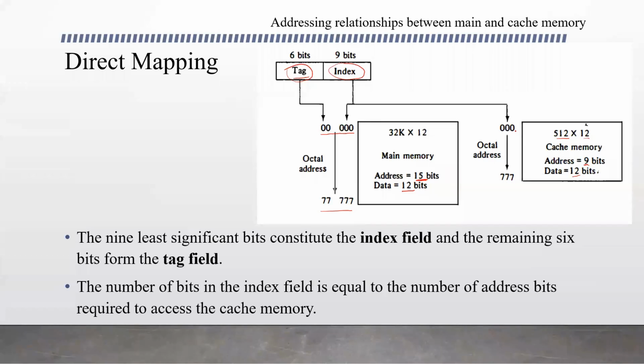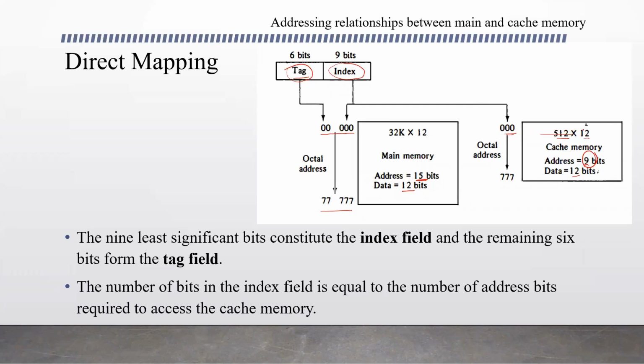The address bits required to refer to the words in cache are 9 bits, which is the reason the least significant 9 bits are taken as the index. 000 is the address of the first word in the cache memory. The 9 binary bits are represented as 3 octal digits here.